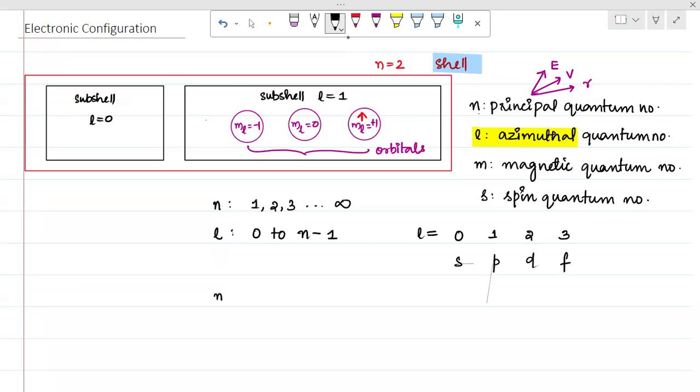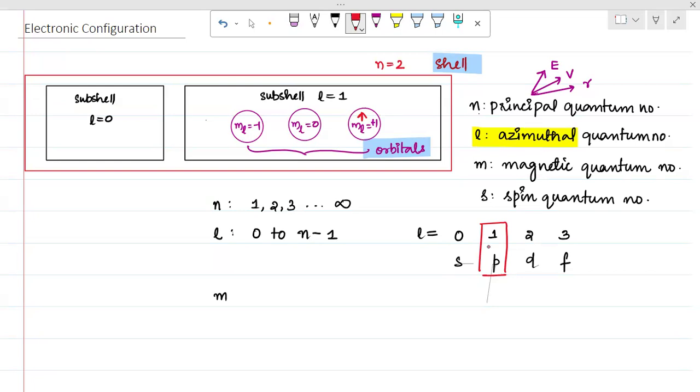And then we learned about the magnetic quantum number notated by M, and that corresponds to the number of orbitals present. That notates the orientations as well. Correct? Now, let's say that your value of L is equal to 1, that corresponds to the P subshell.